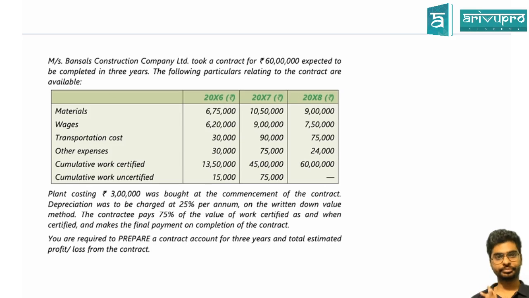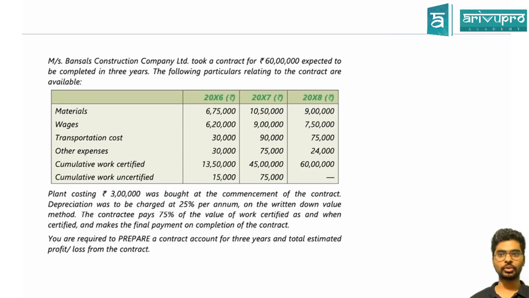Now, typically in this question there are a few things. One, we are doing the accounting for the entire 3 years, from the start of the contract till the completion. But the format remains the same. The first 2 years are going to be notional profit. Only in the third year does it become my actual profit.